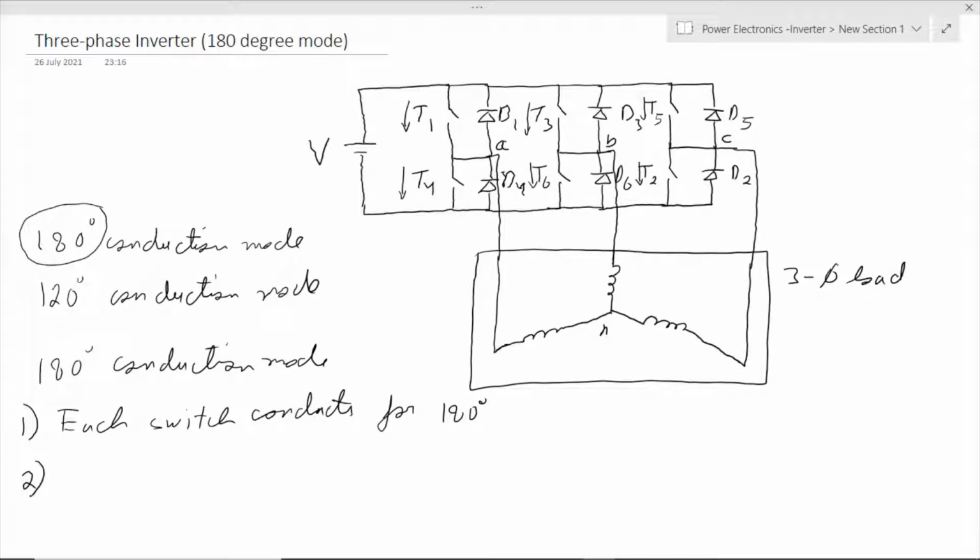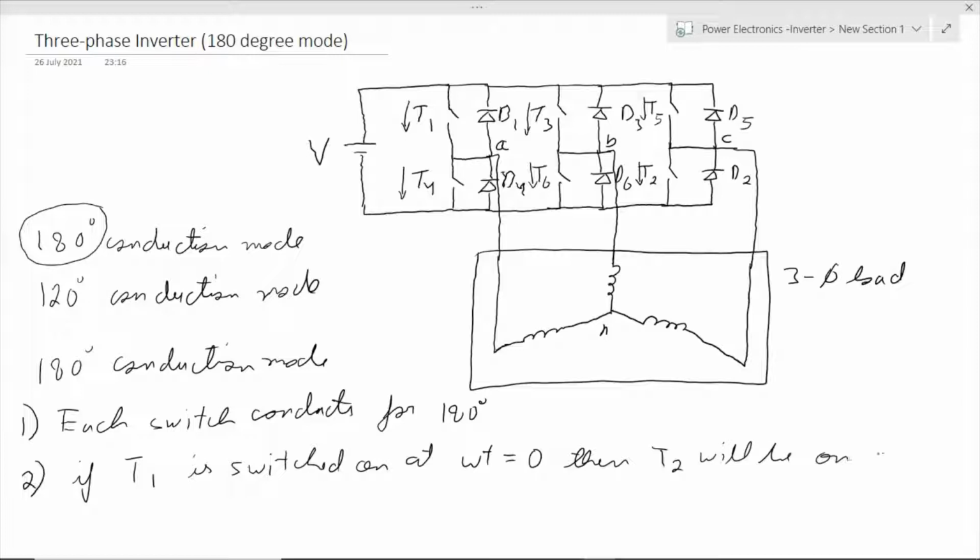So what we can say is that if T1 is switched on at omega t equal to 0, then T3 will be on at, sorry, I said T2, it is T3, the second phase upper switch.